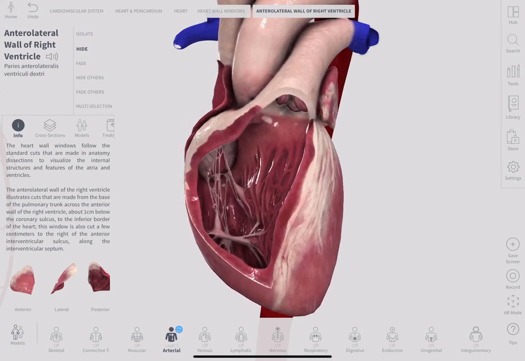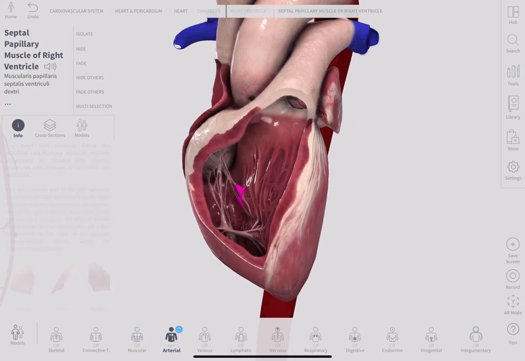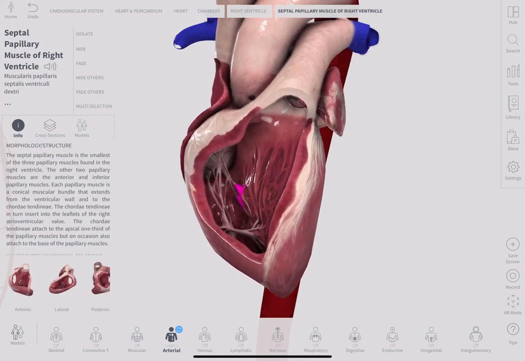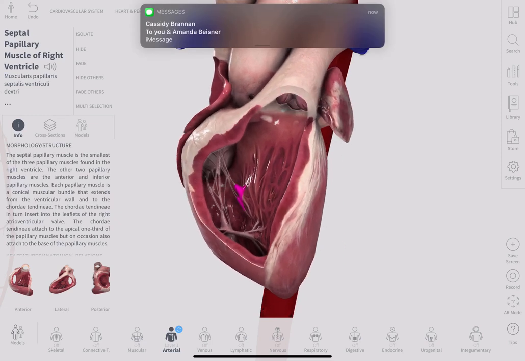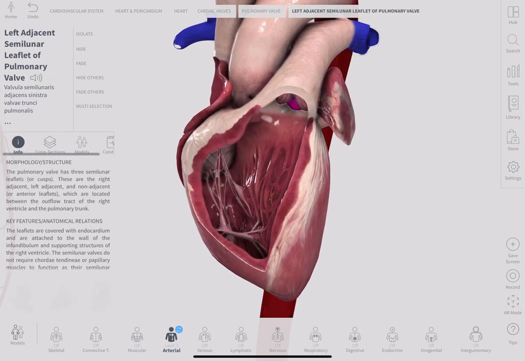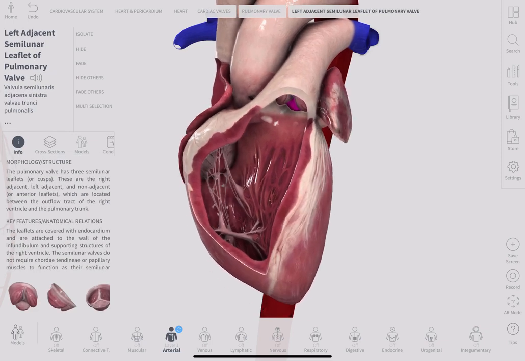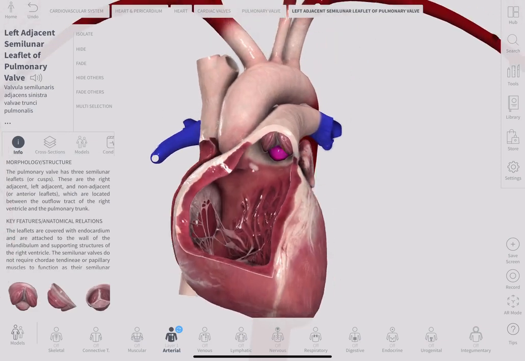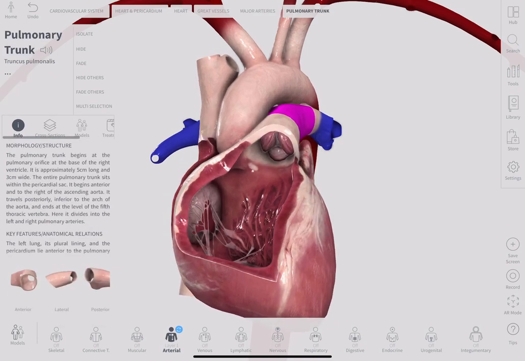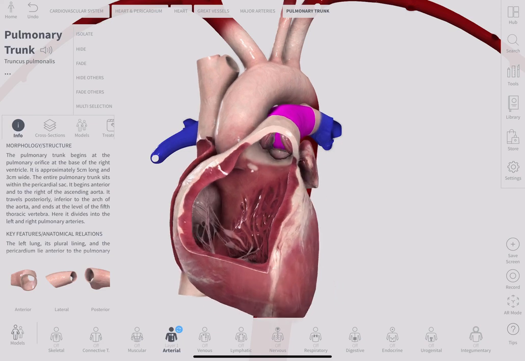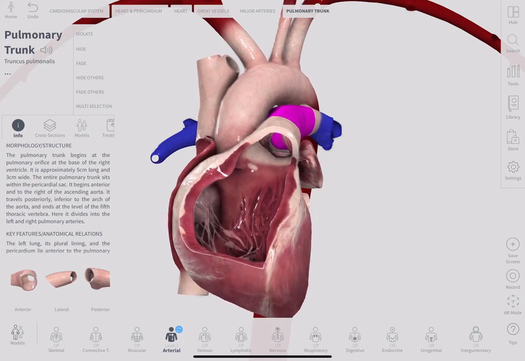You can see those chordae tendineae attached to those papillary muscles, and those papillary muscles are helping open and close those valves. Then you can imagine all that blood pools here in the right ventricle, and then eventually will get pushed out through the pulmonary trunk, the pulmonary semilunar valves, and that will allow all the blood to get pushed out through the pulmonary trunk artery and out to the lungs.